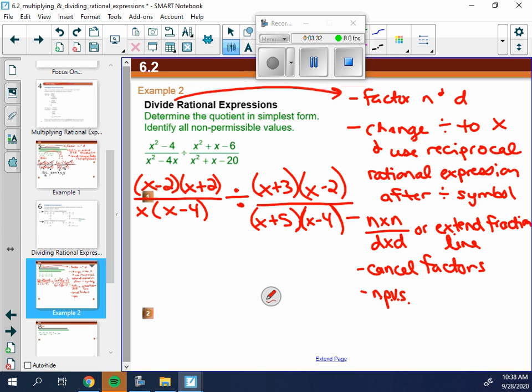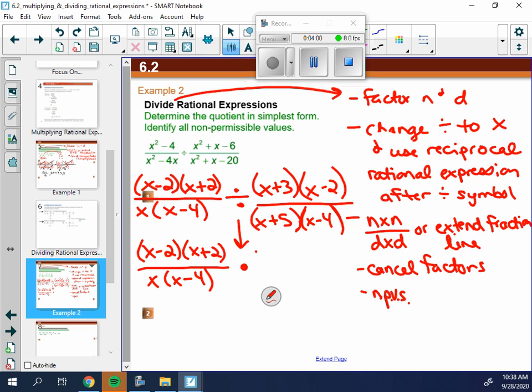Hopefully your factoring is going a little faster now. When we first did it in chapter 4, after having the whole summer off and not doing it since grade 10, it was slow, but these ones should be fast, getting faster. Okay, I am going to change this division to be multiplication. I'm going to keep my first one the same, x minus 2, x plus 2, over x bracket x minus 4. But when I change this one to multiplication, these switch.